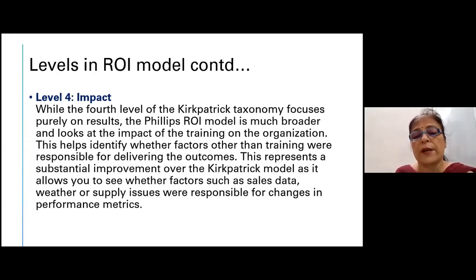Only then you get a clear picture. You can't just jump into level 4 and do it. Of course, if you're doing evaluation at different levels, you will be using different instruments and different people may be doing it. But the results and the information collected from each level will form the basis for activities in the next level.